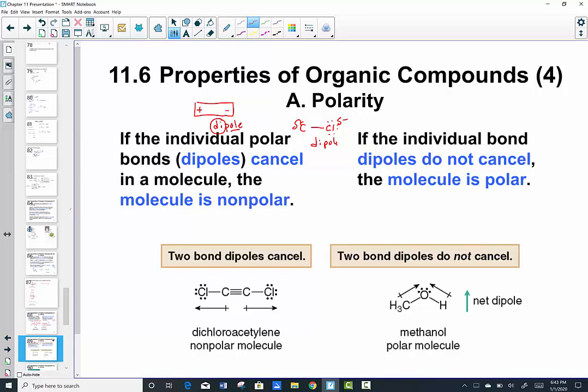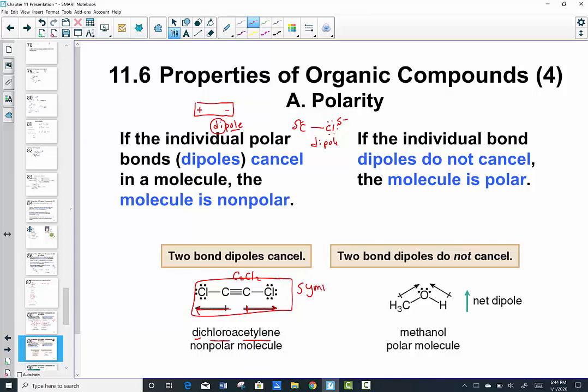If we have a perfectly symmetrical molecule and the dipoles cancel one another, the molecule actually ends up being nonpolar. So let's take a look at C2Cl2, dichloroacetylene. Even though this carbon to chlorine is a polar bond, noticing that the electron density is being pulled towards the chlorine, it's being pulled in equal but opposite directions, creating an equal distribution of charge overall.